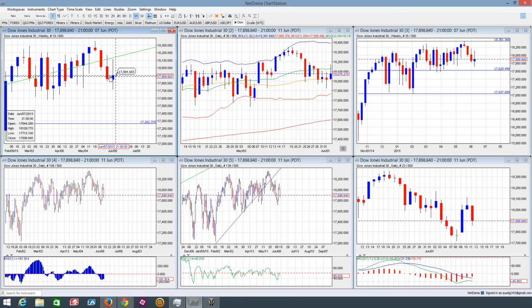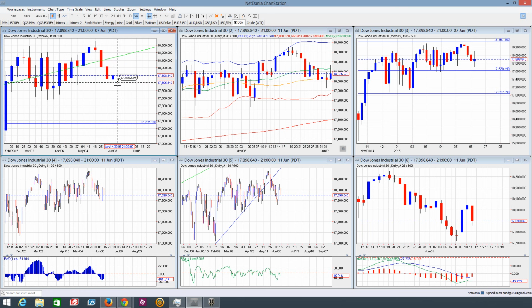It could be a harami, which means we've got 3 negative weekly closes to the downside, and this week closes as a positive candle. So if this is going to be a turnaround point, next week we'd have to see a surge up and close above this week's high of 18,109.